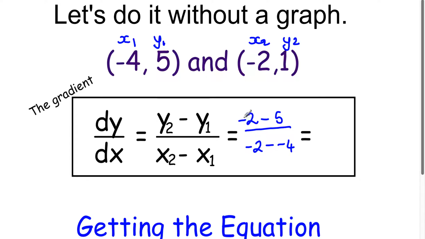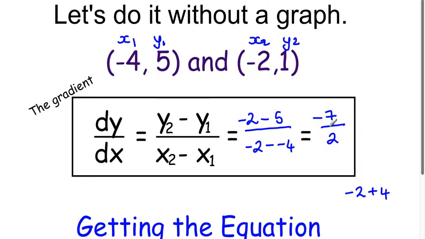So -2 subtract 5 is -7, and let's do a side calculation over here: -2 subtract -4 turns into a plus, and therefore I have -2 plus 4, which is actually 2.